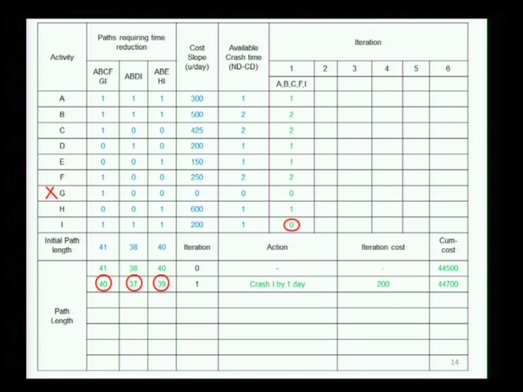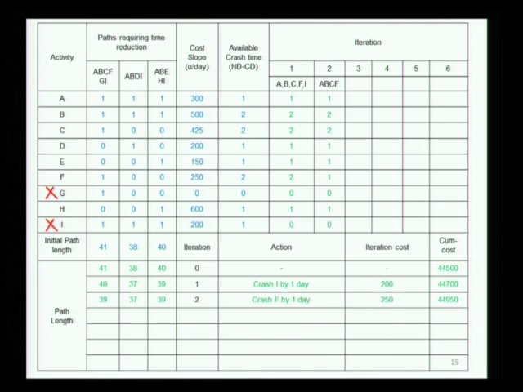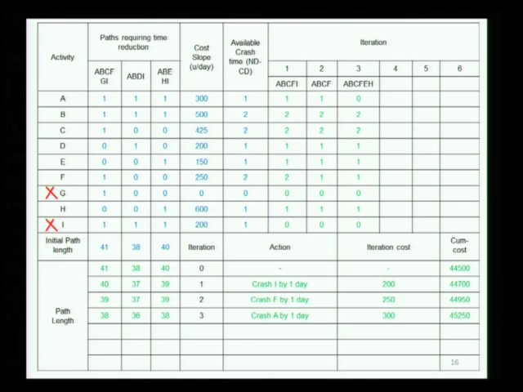Similarly, we did the second step. Remember we had I crashed to the maximum. Then we crashed F, if you recall, by 1 day, and the same process in iteration 2, the cost went up by 250, and this is the resulting direct cost. Then A by 1 day, and this is the result.